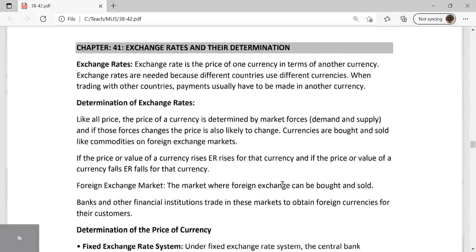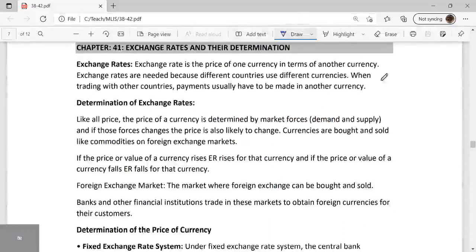Suppose let's talk about $1. How much is $1 in terms of taka? It's continuously changing.